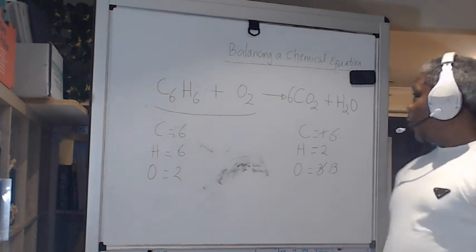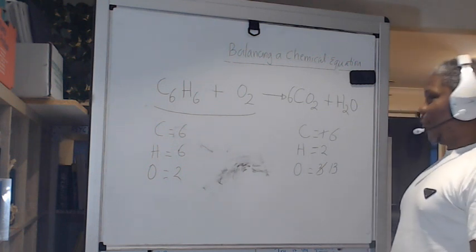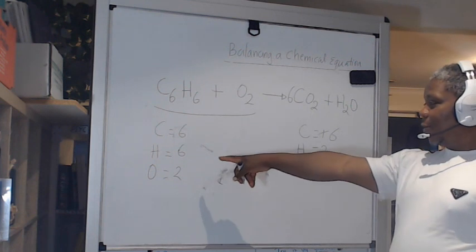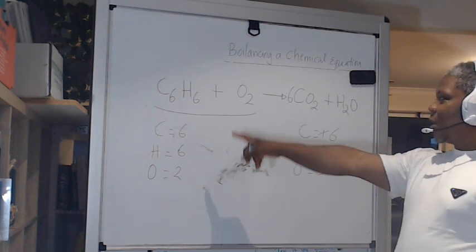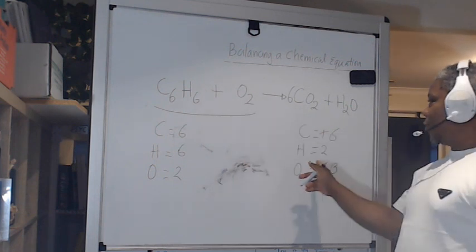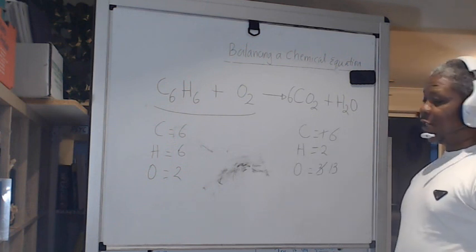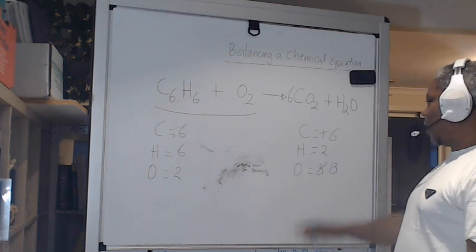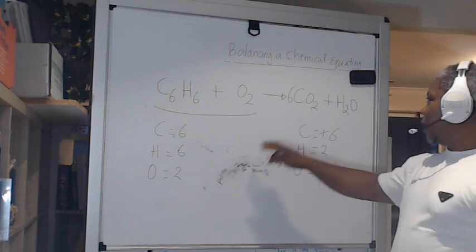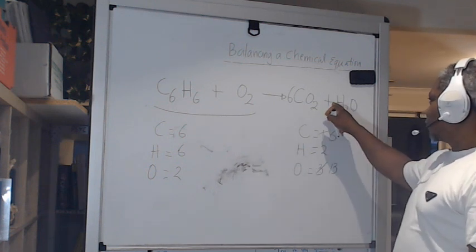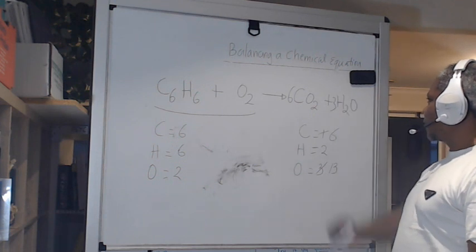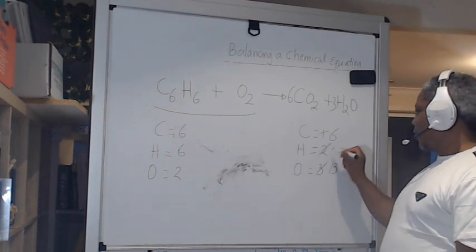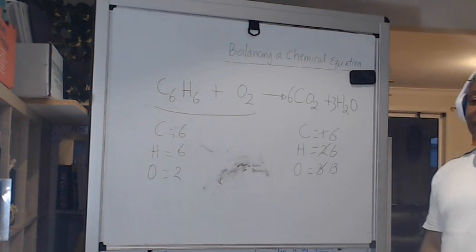Right, now that we're here, there is a problem already. The hydrogen that we have over there is 6. The hydrogen we have here is just 2. So basically we could say let's balance the hydrogens and put a 3 here. And that gives us, of course, 6 hydrogens.